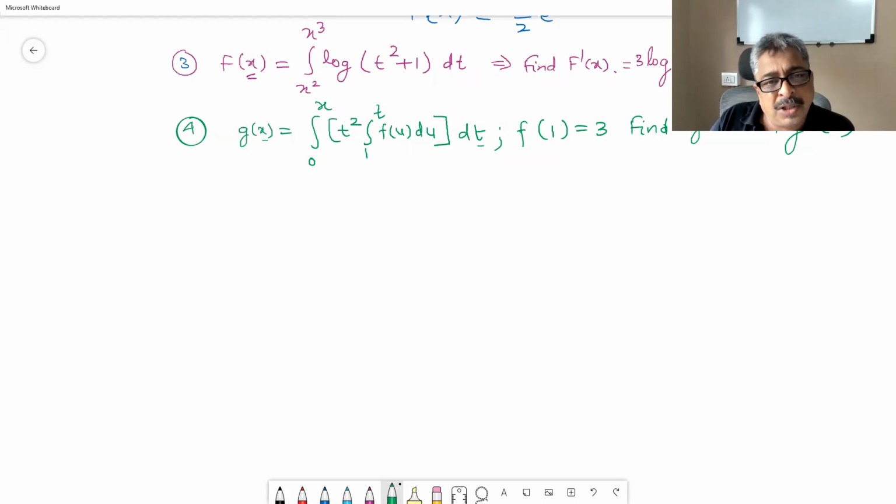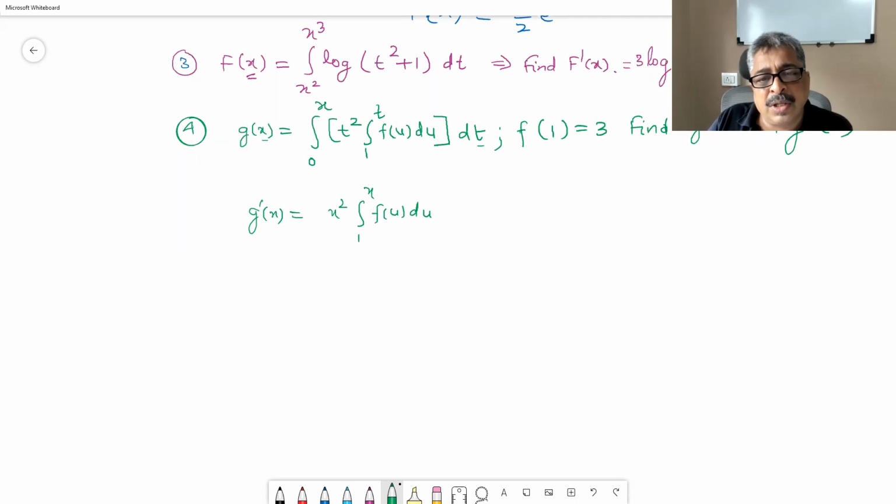Second term is f of this. Wherever you find t, you put x. Therefore, g dash of x is equal to x square integral 1 to x f of u du into derivative of x, which is 1. That's all. And the other term, because this is 0, is absent.